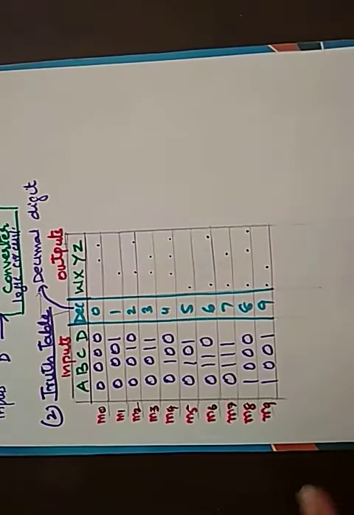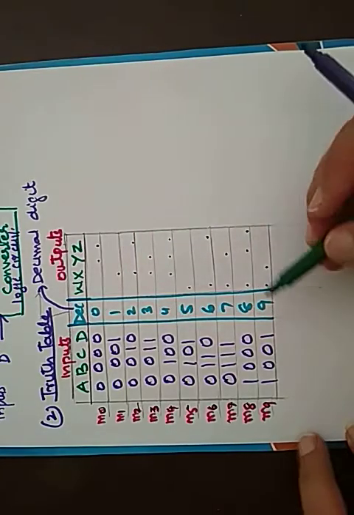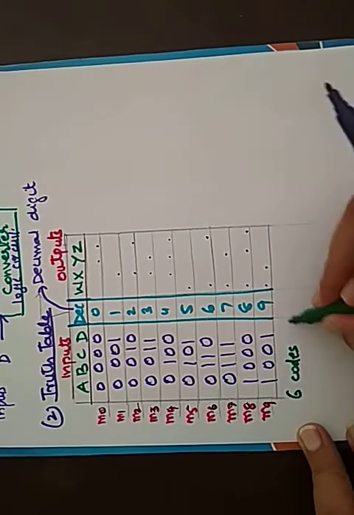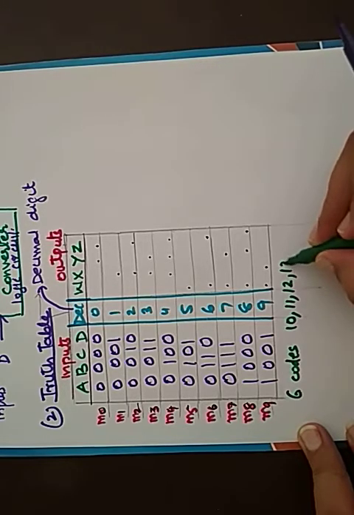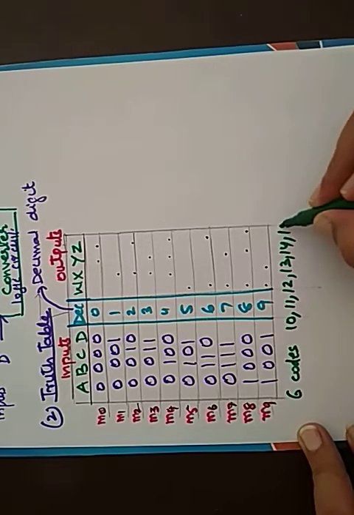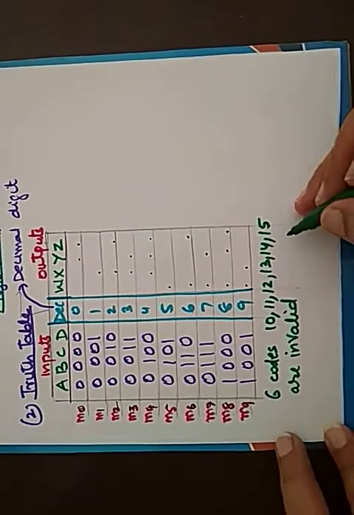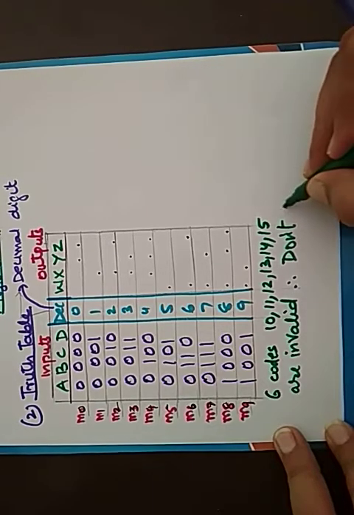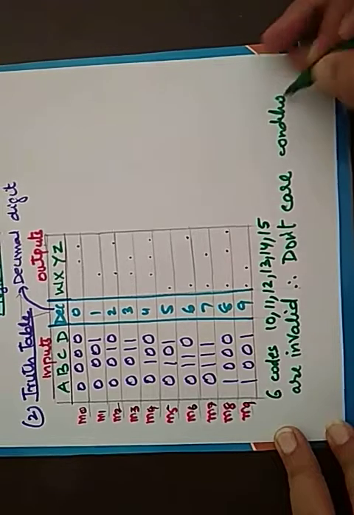We know that since it's the BCD code, only the first 10 combinations are valid and the remaining 6 codes. Which are those 6 codes? The code for 10, 11, 12, 13, 14 and 15. These are invalid. You do not require this in the BCD code. Therefore, these are don't care conditions.